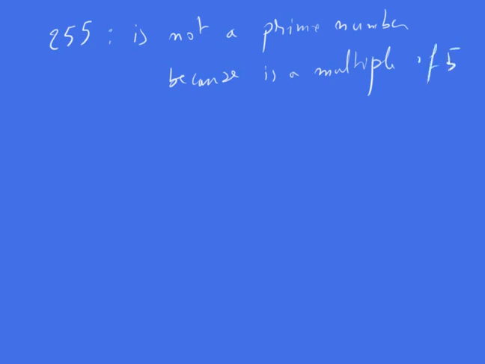We can divide this number by 5. The second number is 711. The sum of its digits is 9. So it is a multiple of 3, so it is not a prime number.